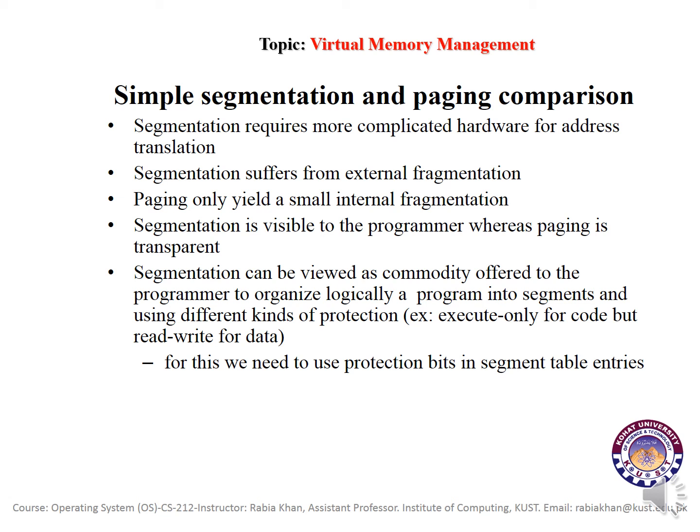While protection in paging is provided using valid and invalid bits. We have already discussed what valid and invalid bits are in the previous lecture while we were discussing paging.